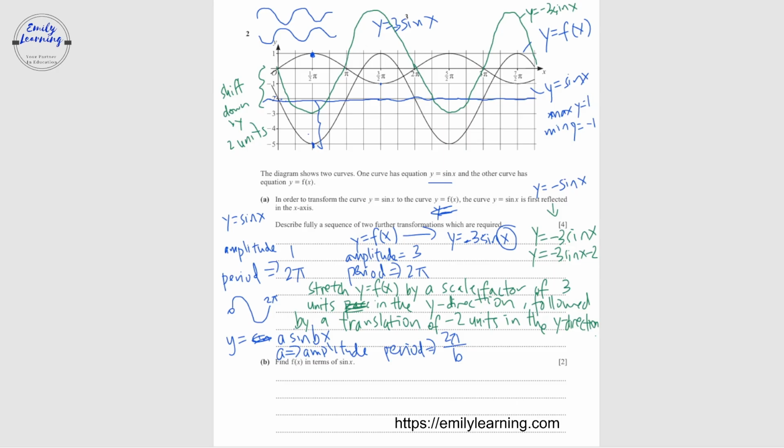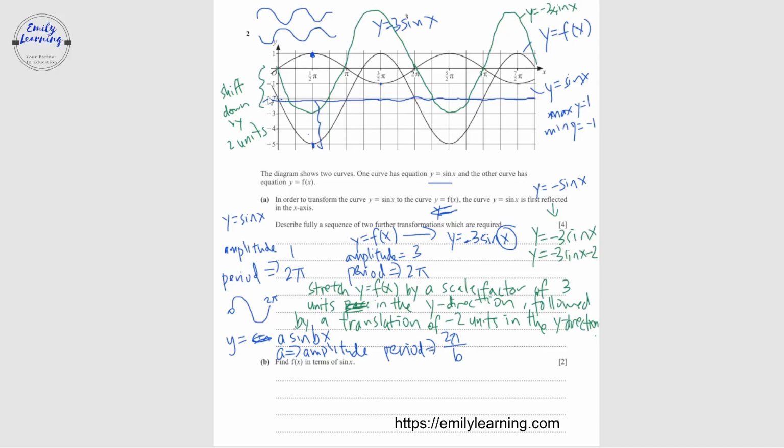Okay, so this is what we do. First, we need to multiply by minus 3, which is basically a stretch, or scale. When you talk about scale, you must talk about in which direction, and then what the scale factor is. So a scale factor of 3 in the y direction, because we are scaling this way. Next, we are going to move the whole graph down by 2 units, right?